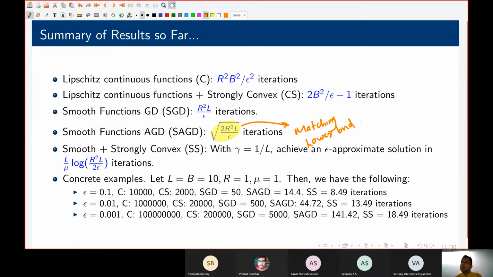This is for smooth functions without strong convexity. Of course, if you have smooth and strongly convex functions, that's one reason why accelerated might not have made a big difference for the logistic regression plus regularizer. There you have both smoothness and strong convexity.